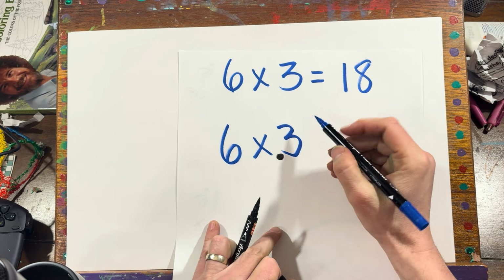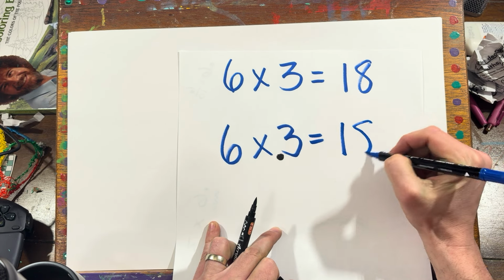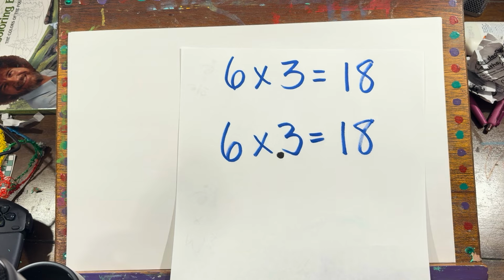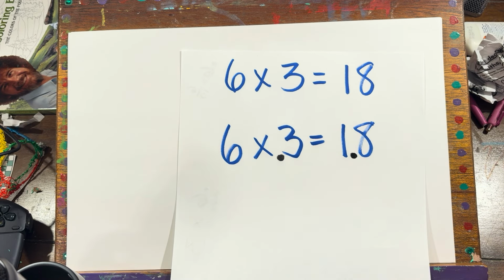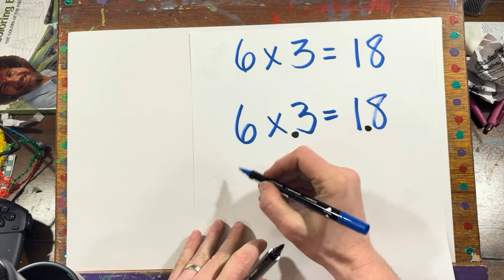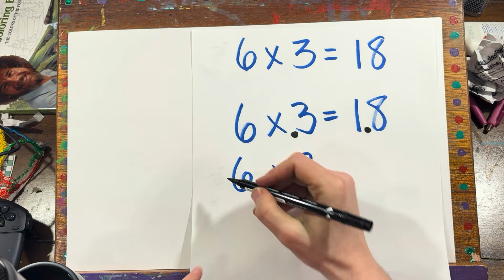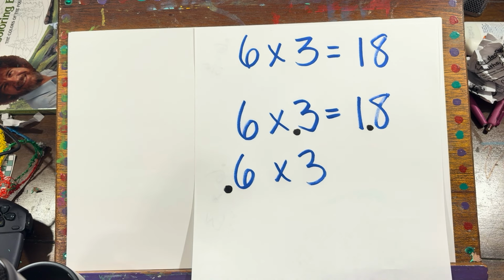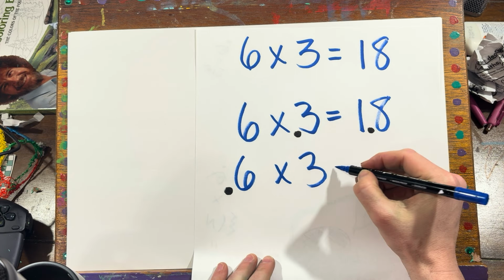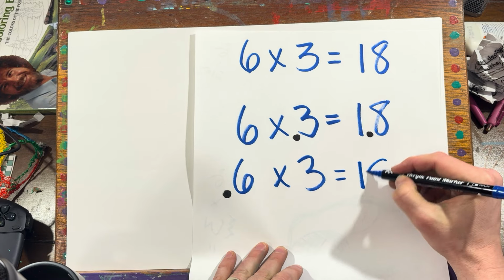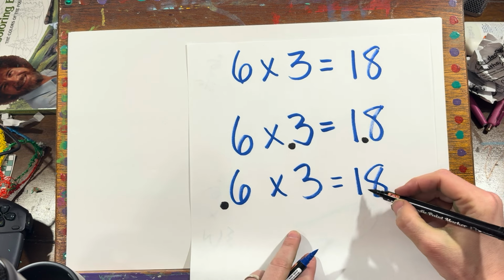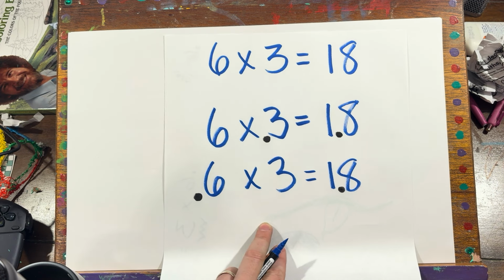My answer was 1 8/10. And when I did 6/10 times 3, my answer was not 18. It was 1 8/10. I'm noticing a pattern here.